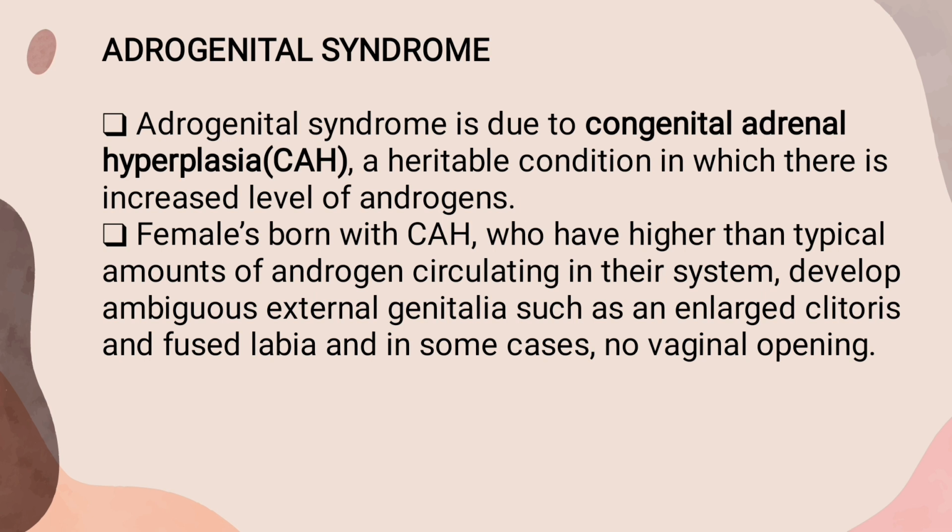Females born with CAH who have higher than typical amounts of androgens circulating in their system develop ambiguous external genitalia, such as an enlarged clitoris and fused labia, and in some cases, no vaginal opening.